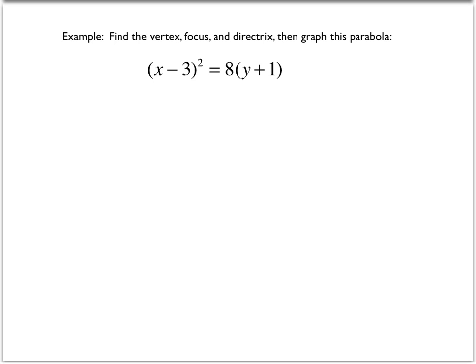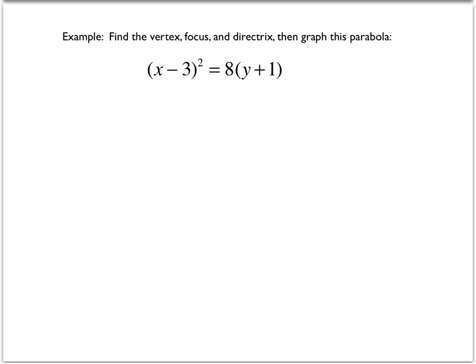Alright, here's our first example. We want to find the vertex, the focus, the directrix, and then be able to graph this particular parabola. This one's already in a pretty nice form, as you can see by the table we did earlier. What we really want to focus on now is this number right here.